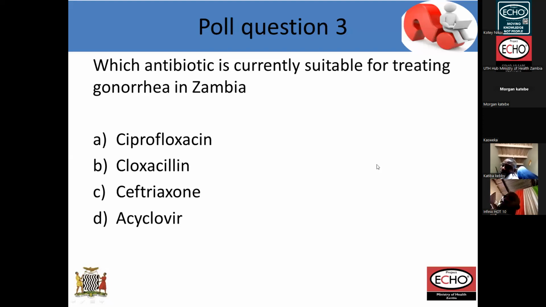Then the next one was about differentiating between candidiasis and trichomonas. Trichomonas is a loose kind of discharge. It can be frothy, greenish, and also it has a very bad odor, like a fishy kind of smell.